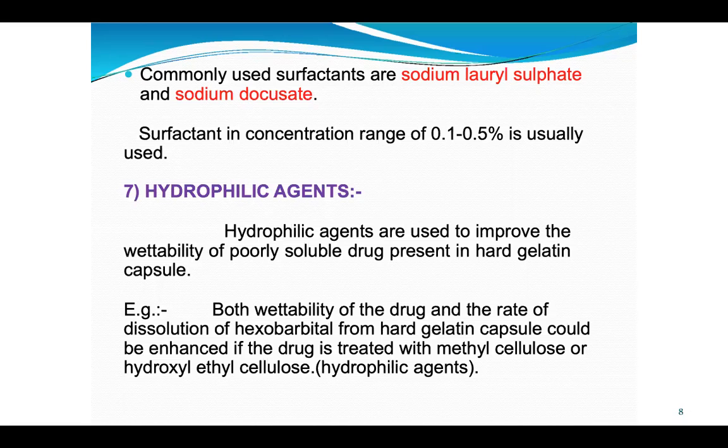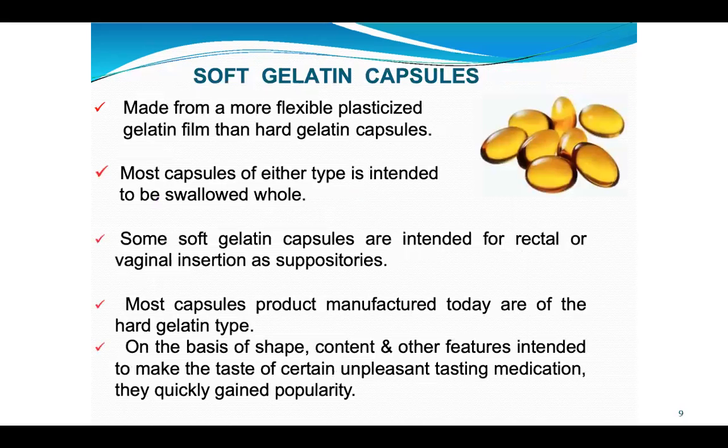Hydrophilic agents are used to improve the wettability of poorly soluble drug present in hard gelatin capsules. Both wettability of the drug and the rate of dissolution of hexabarbital from hard gelatin capsule could be enhanced if the drug is treated with methyl cellulose or hydroxyethyl cellulose, which means they are hydrophilic agents.